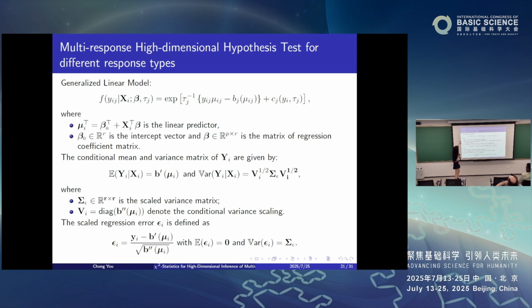The generalized linear model will have conditional mean b dash mu I. B here is the canonical function, and the variance here can be decomposed in this way. The reason we decompose it this way is that, for each observation, so for y1, y2, y3, they have the same correlation structures.